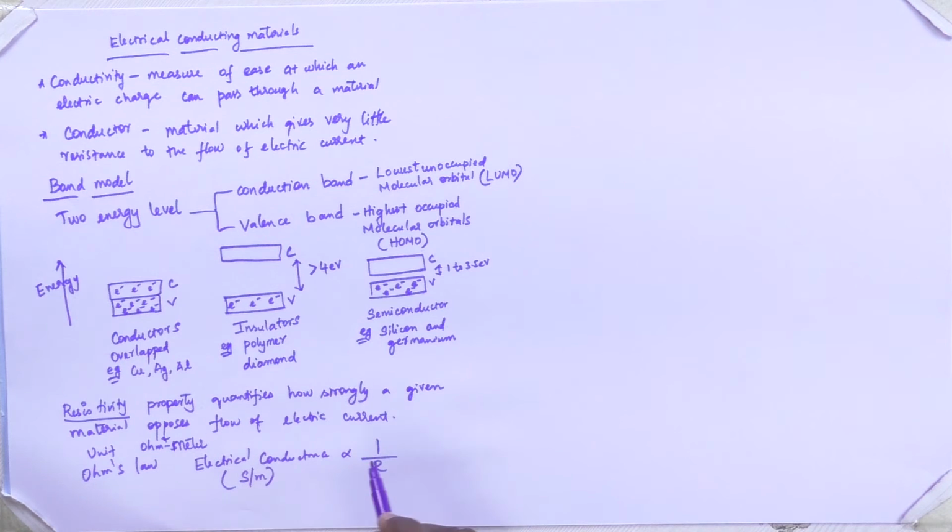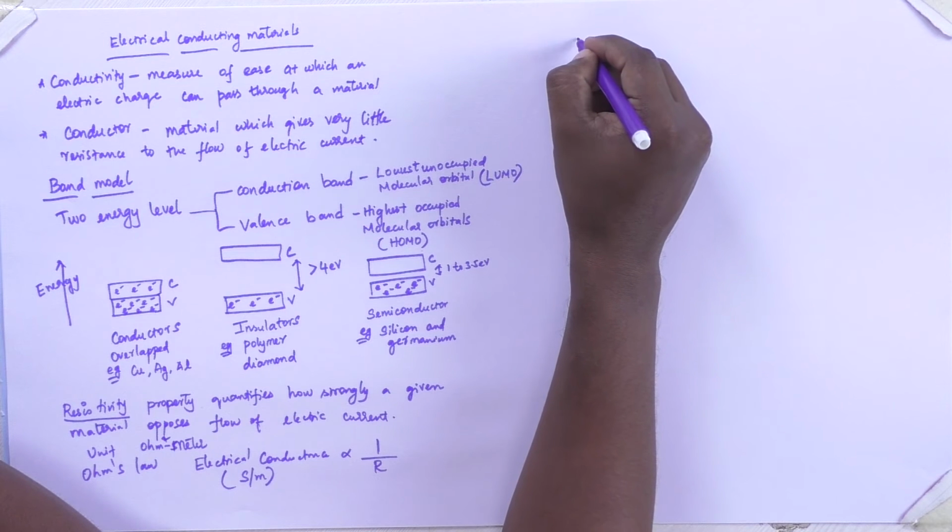So electrical conductance and resistance are exactly inversely related. If the resistance is more, you cannot have a good conductance in that material. On the other hand, if you have a good conductor, then its resistivity should be very minimal or close to zero.